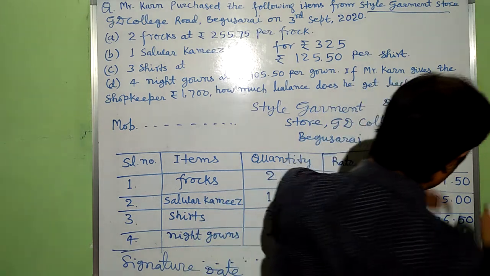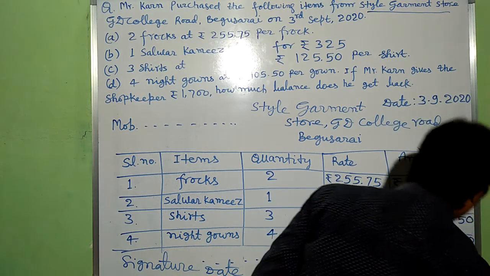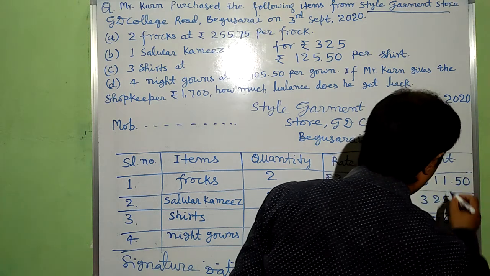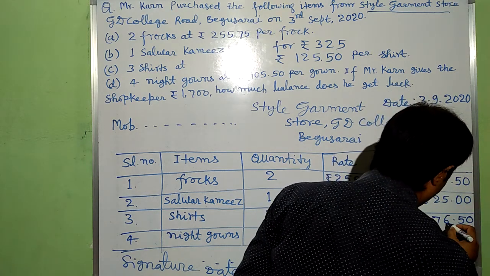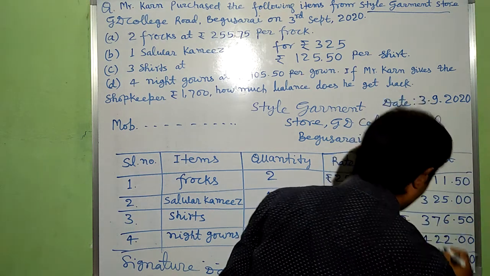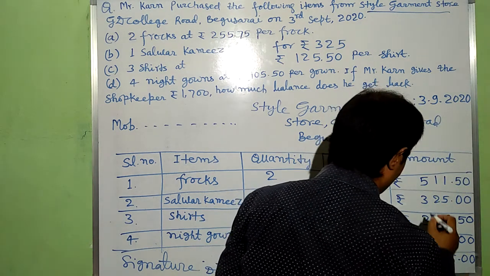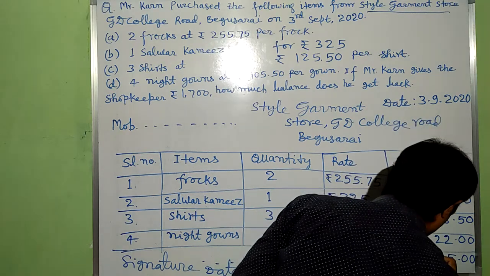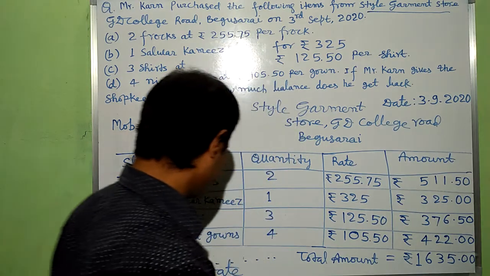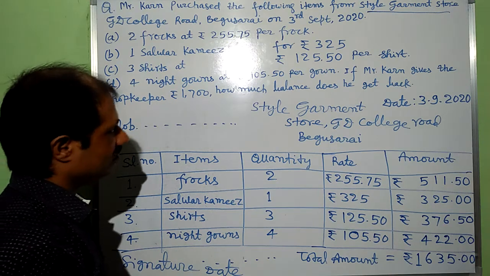We need to add it. This is the total cost of purchased articles, and this is the bill.